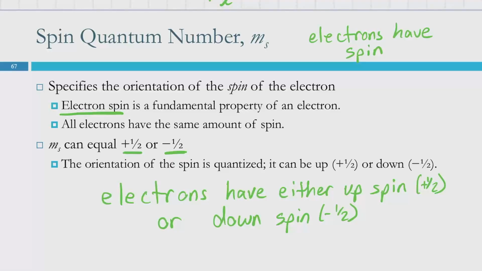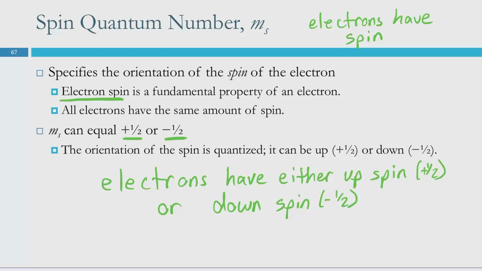This one doesn't depend on any of our other quantum numbers, it's separate. So it's only going to ever have values of plus 1/2 or minus 1/2. And the spin is formally called up spin or down spin, which is interesting. Questions so far?